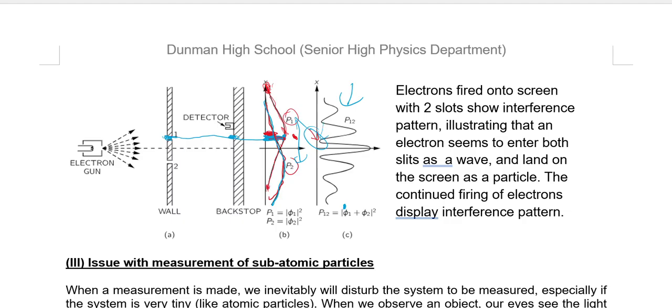So if you think about it from a wave function perspective, right, then what actually happens in this case where both slits are open, right, is that when the electron pass through number 1, the wave function is called psi 1. And if the electron pass through number 2, the wave function is called psi 2. And as they hit this region over here, right, the probability density function, which is actually this one, right?